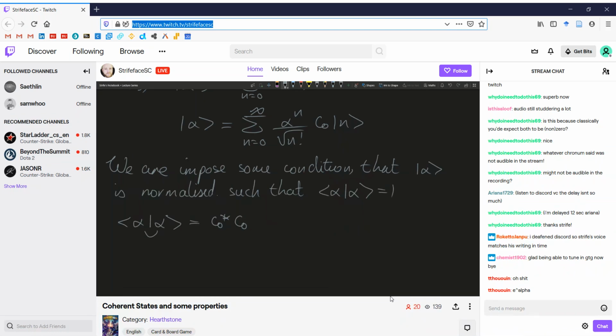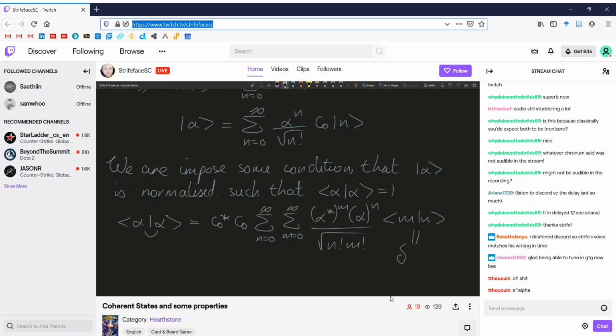We're going to have two summations. Then we're going to have alpha star to the m, over root m factorial, and see how it's going to turn out. And we have the inner product of n and m.